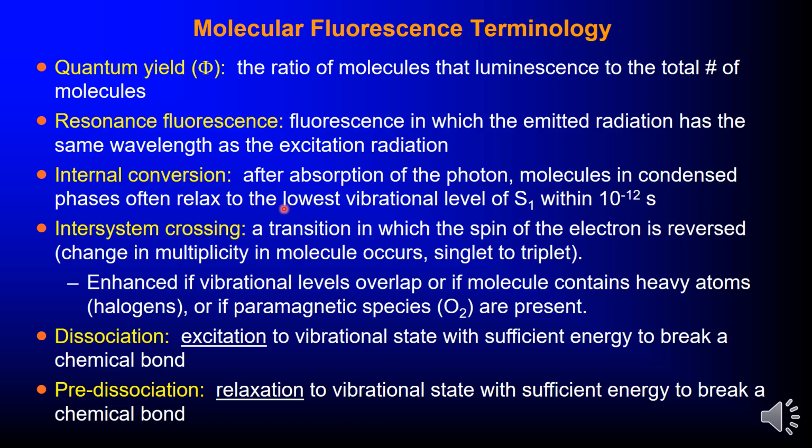Then intersystem crossing is a transition in which the spin of the electron is reversed, where we now have a change in multiplicity in molecules, from singlet to triplet.